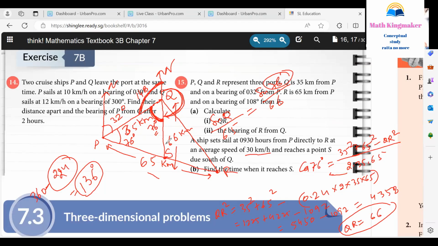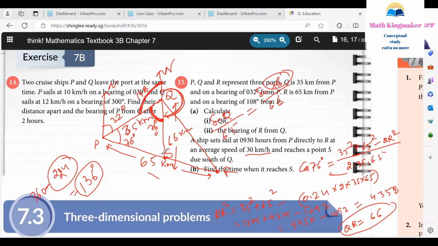So a ship set sail at P directly to R at an average speed, and reaches a point S due south of Q. Now, in the third point, you have to find the time when it reaches S. So what you have to calculate?